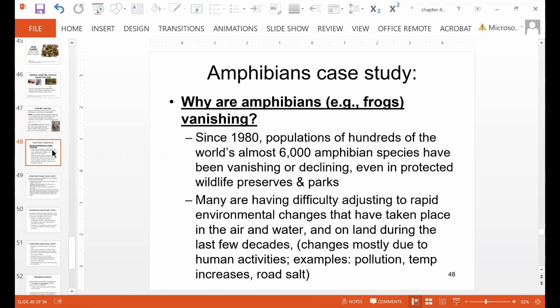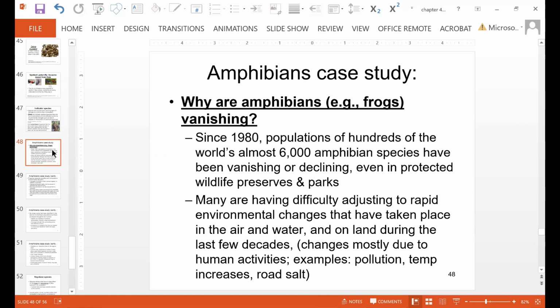Why are amphibians vanishing, particularly frogs? Since 1980, populations of hundreds of the world's almost 6,000 amphibian species have been vanishing or declining in numbers, even in protected wildlife preserves and parks.